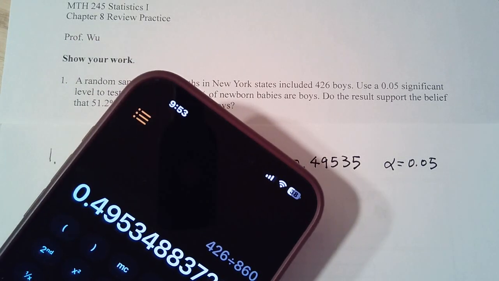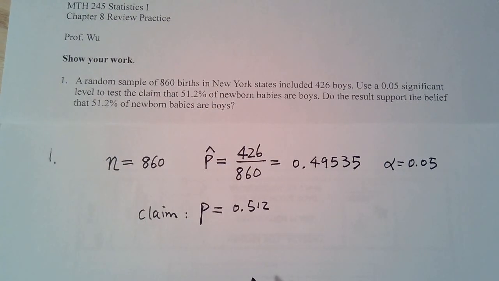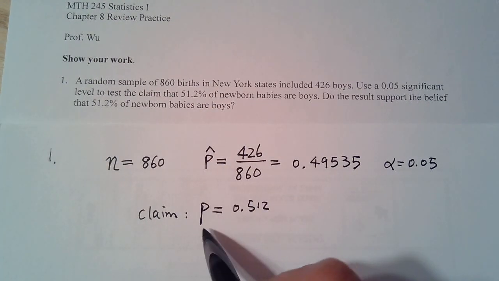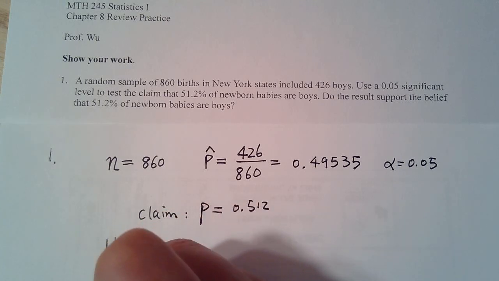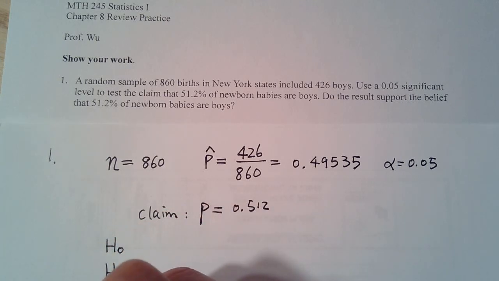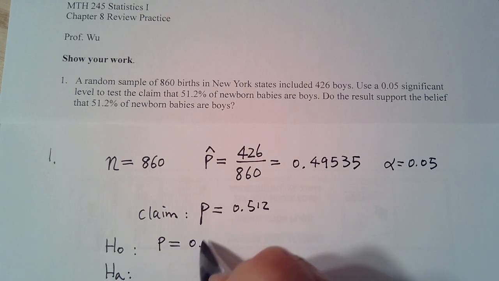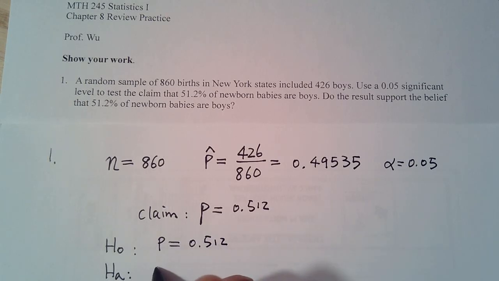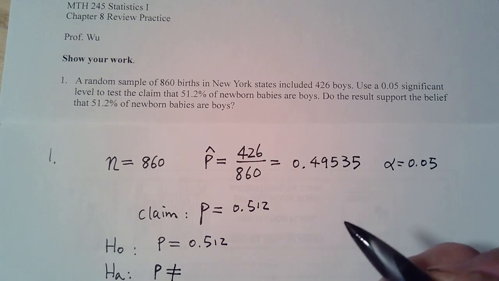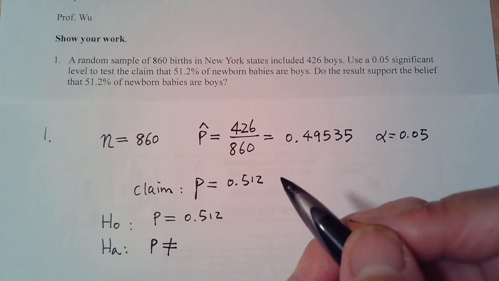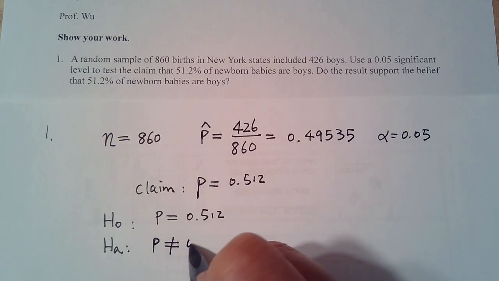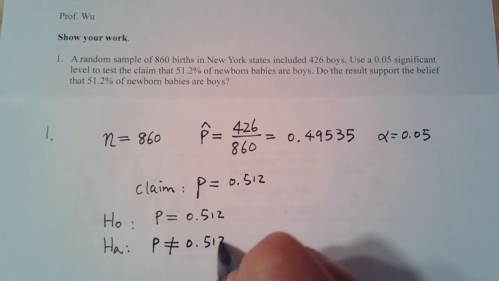So we're going to write H0 and HA. H0 will be just P equals 0.512, and the other one is not equal to, because they didn't mention whether it's greater than or less than, so it's just not equal to 0.512.